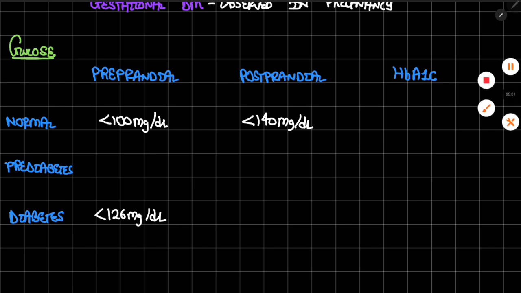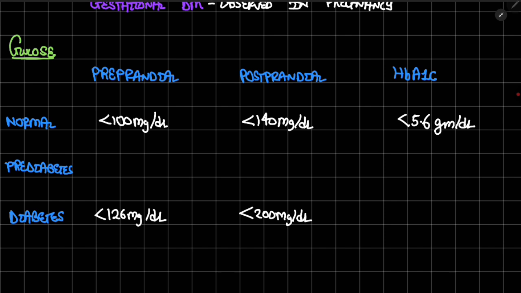In the diabetic condition postprandial is more than 200 milligram per deciliter. The normal HbA1c is less than 5.6. Note this, it is percent and this is milligram. And in diabetes, the HbA1c is more than 6.5.